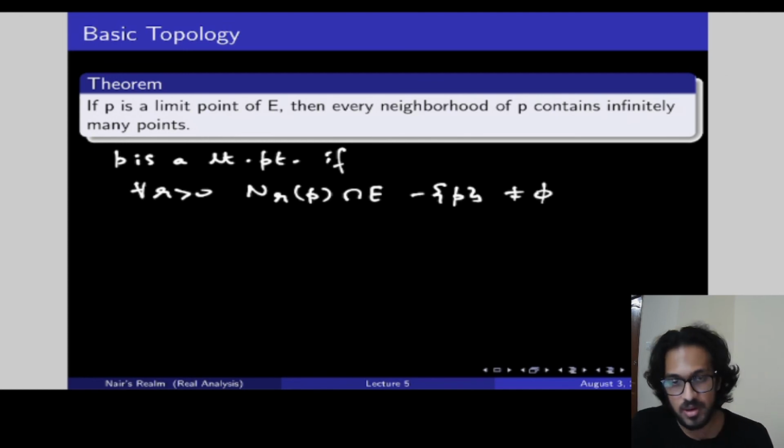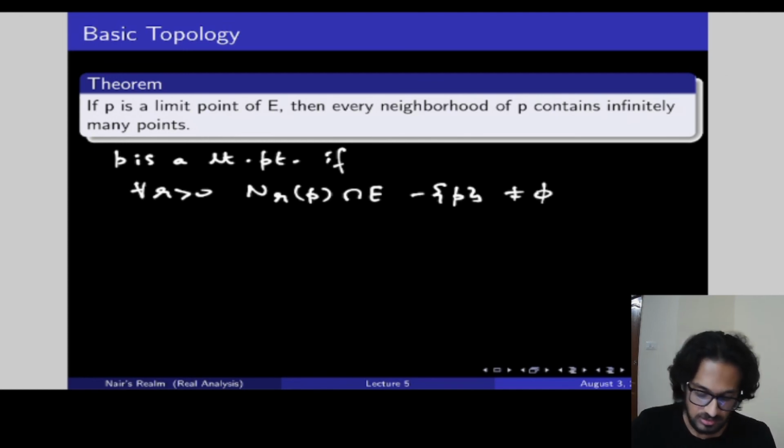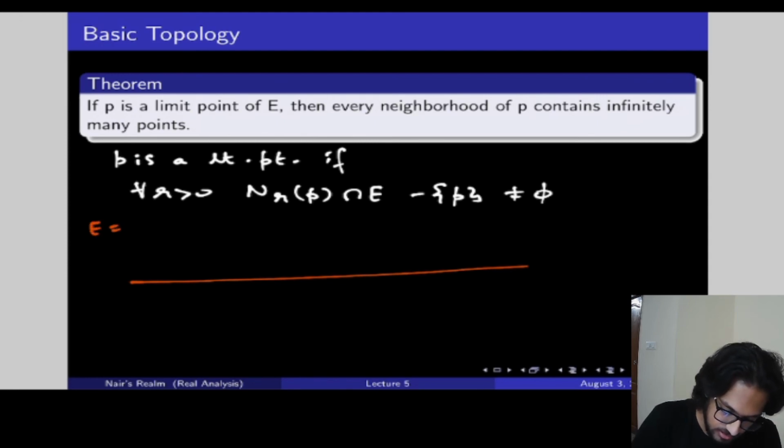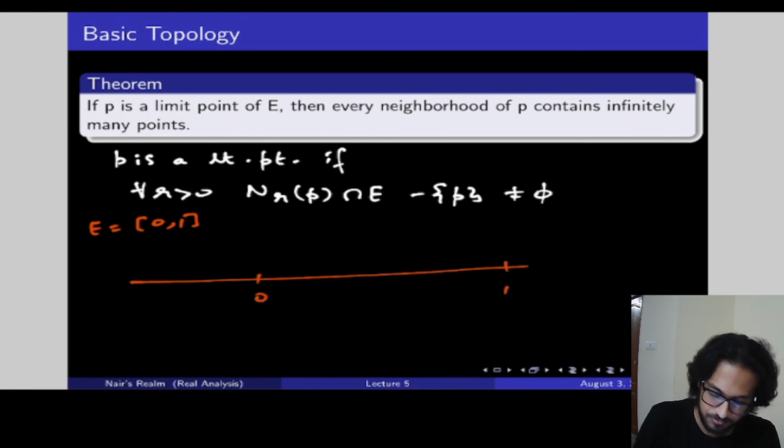So why does that make sense? Let's take an example and I'll demonstrate it. Again, we have the real line. Let's say E is the set (0, 1). Let's say this is 0, this is 1, and this is 0.5.